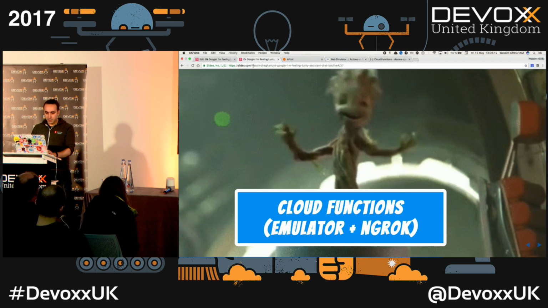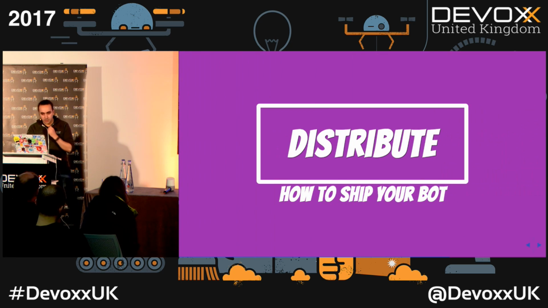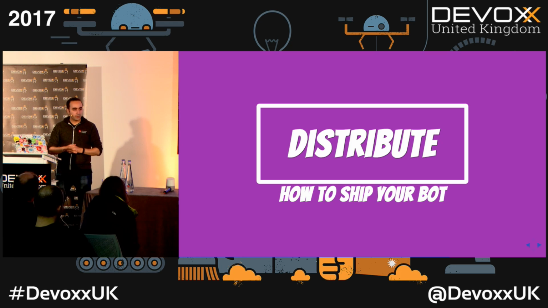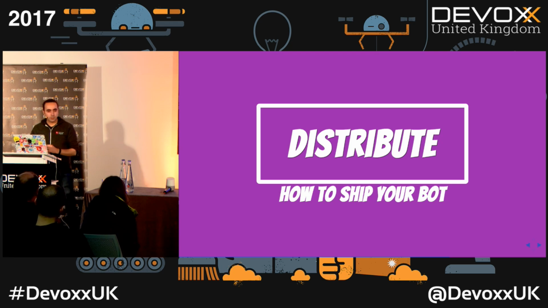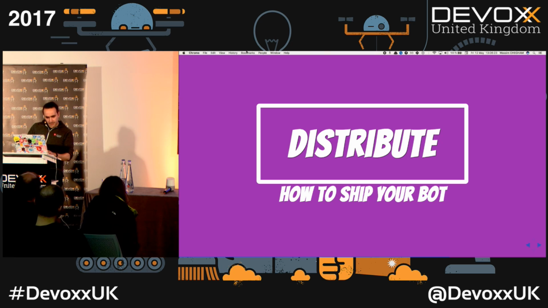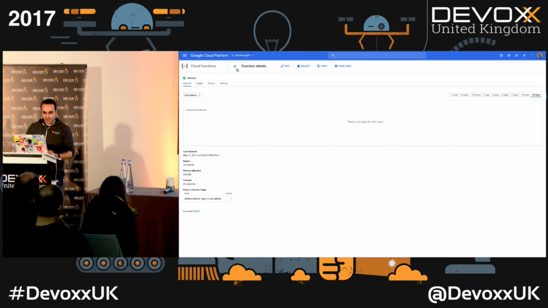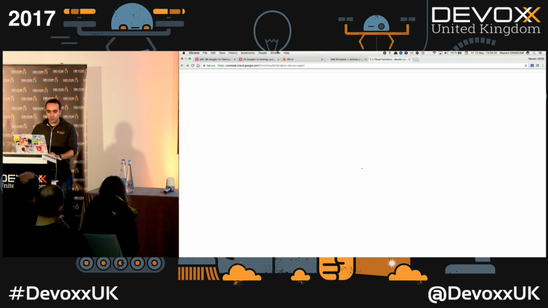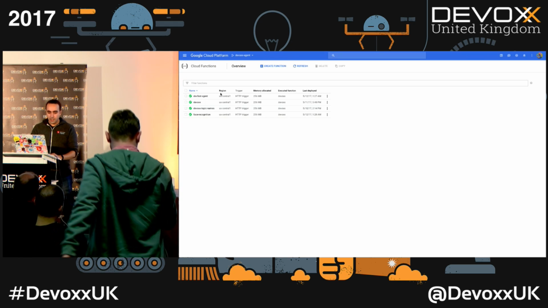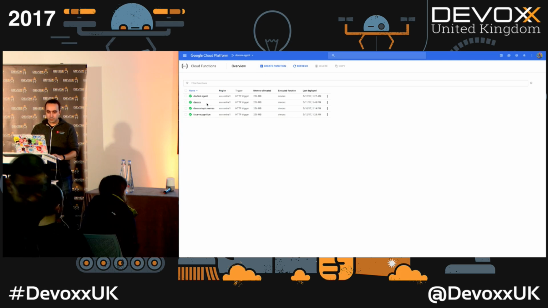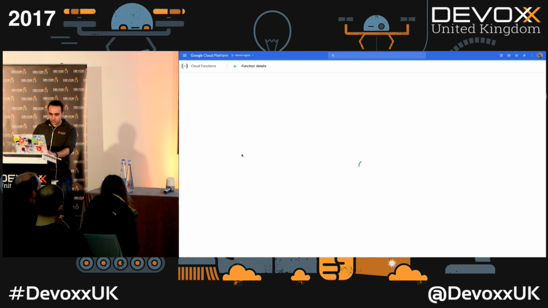Okay, we have 8 minutes left, so let's go quick. So you've designed your bot, you've built your perfect function. I forgot to show you the cloud function. When you finish building your cloud function, you need to deploy it. For that, just go to the cloud function console and create a new function, which is like here Devoxx.